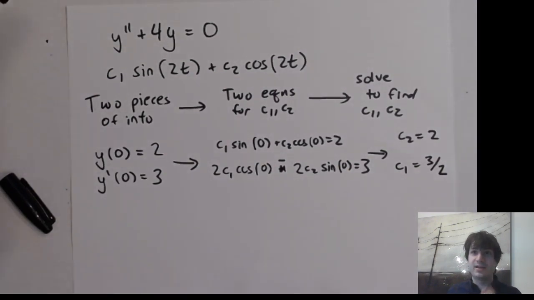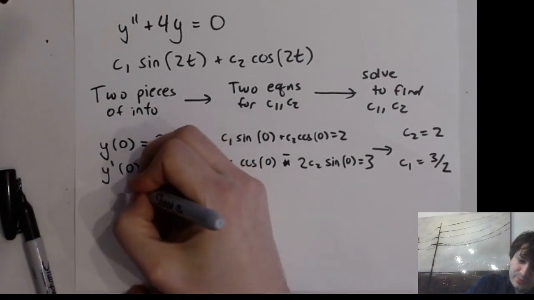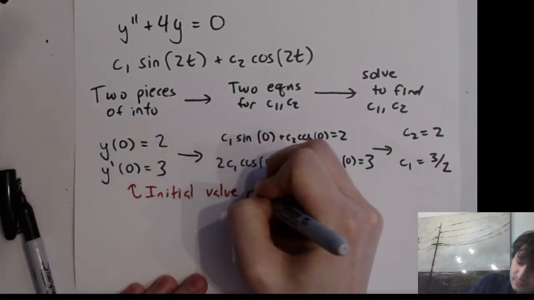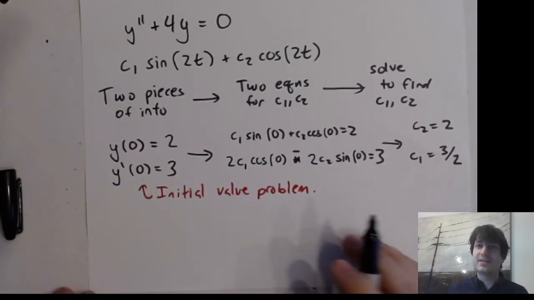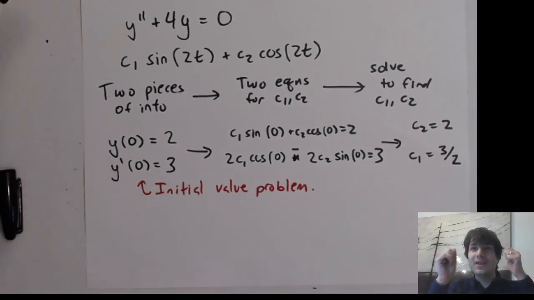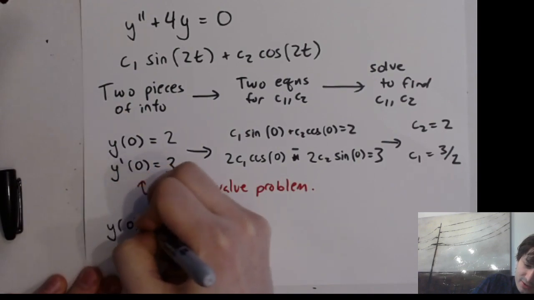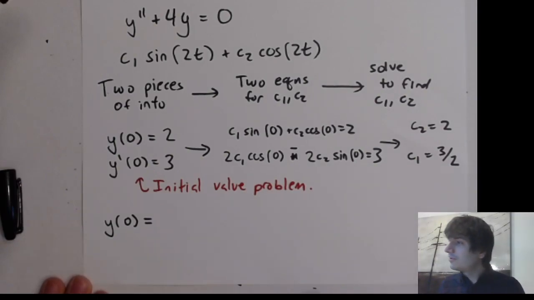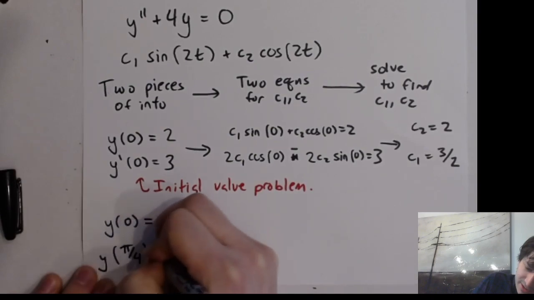So not so complicated. The new thing in this chapter is instead of giving you information at one point, this is an initial value problem. The only new thing in chapter 10.3 is instead of giving you the information at one point, I'm going to give you the information at 2 points. So in the example I came up with, y of 0 equals 3, and y of pi by 4 equals 7.